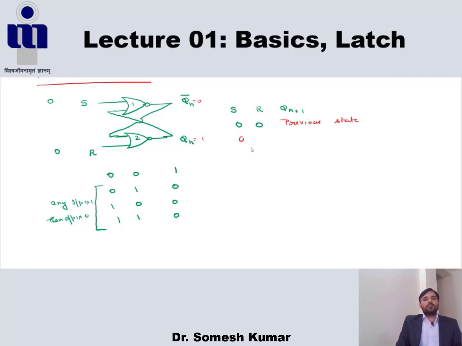In the next case, if S is 0 and R is 1, what happens with this Qn1? If R is 1, it becomes 0, and 0 and 0 becomes 1. So what happens in the next case? 1 and 0: it becomes 1 and it becomes 0.